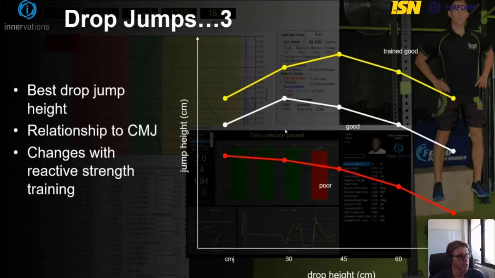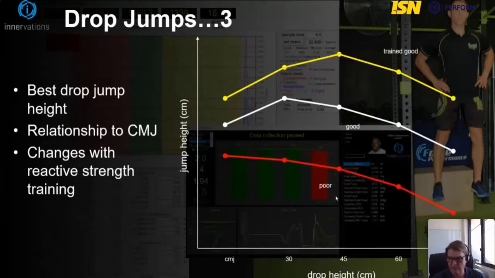Now this is very useful because you can use this as the drop height to train them for, drop them from in your plyometric training. What you should see with a training phase in your periodized cycle which has emphasis on improving reactive strength, you should see that all of the jump heights should increase at each drop height, but also you should observe that the optimal drop height actually moves to the right.